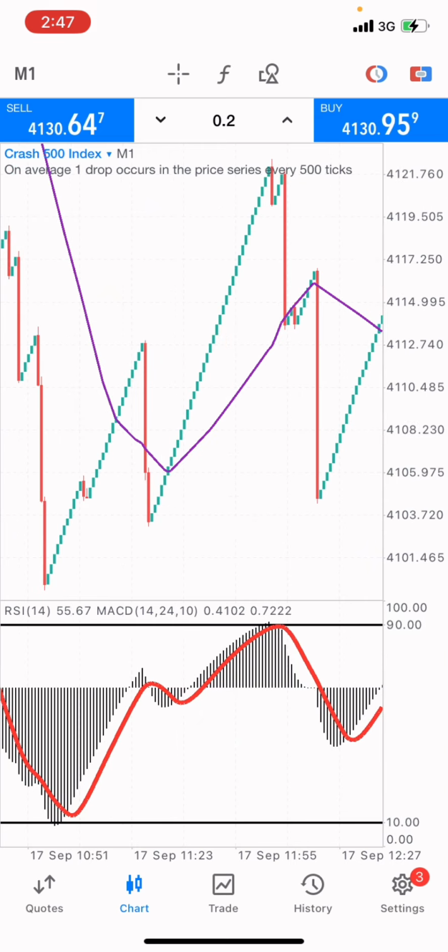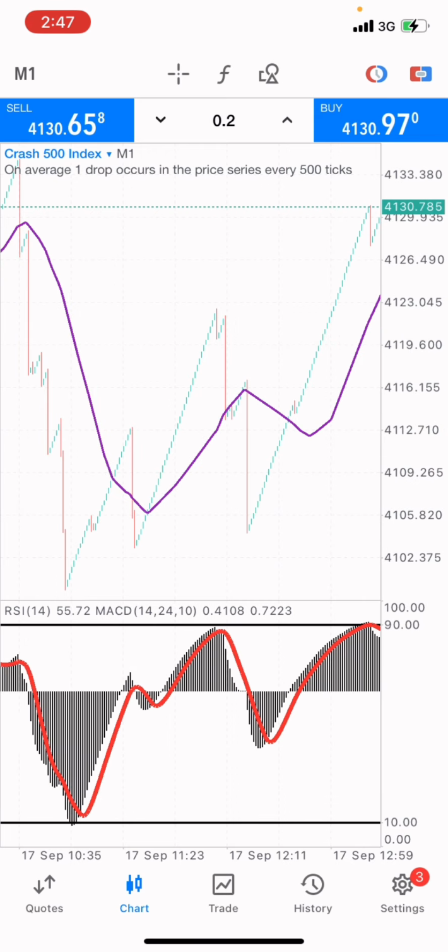Now these three indicators are some of the best indicators that I use to trade, and they are very successful if you know how to use them very well. If you know how to use the RSI, the MACD, the moving average, and you understand price action, there's no way you will have a losing trade.